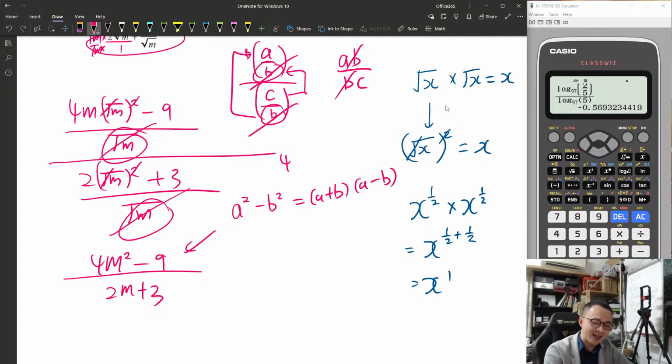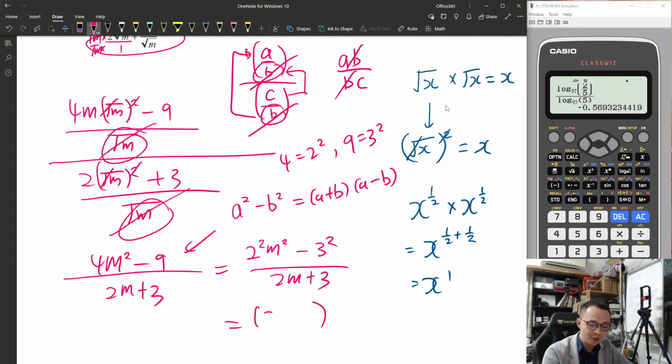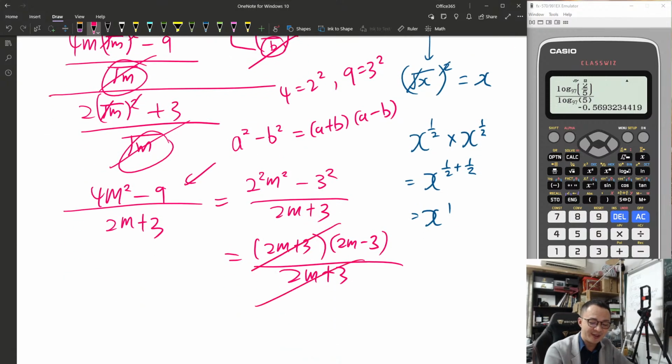Because 4 is actually 2 square, and 9 is basically 3 square. So you can see this is what I'm doing here. This one is 2 square m square minus 3 square over 2m plus 3. When everything has a square, I can apply the rule: 2m plus 3, 2m minus 3 over 2m plus 3. Then simplify it. I get 2m minus 3. Done.